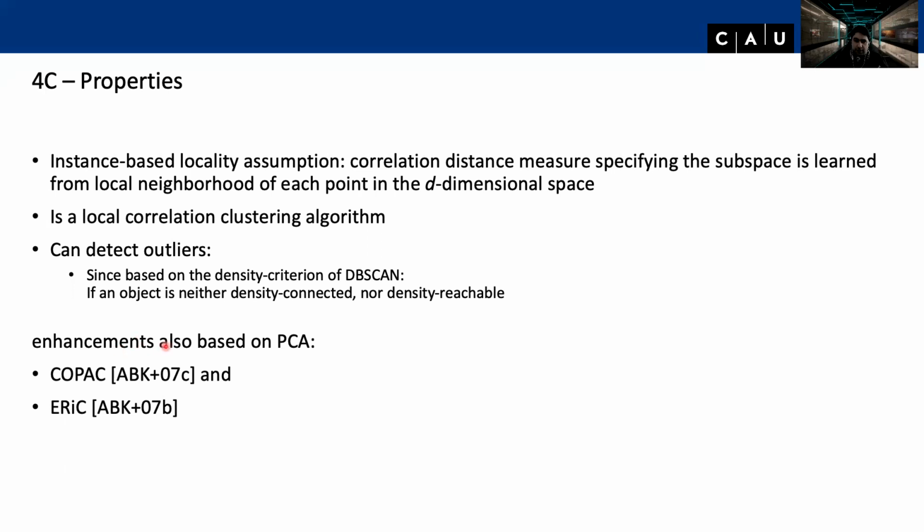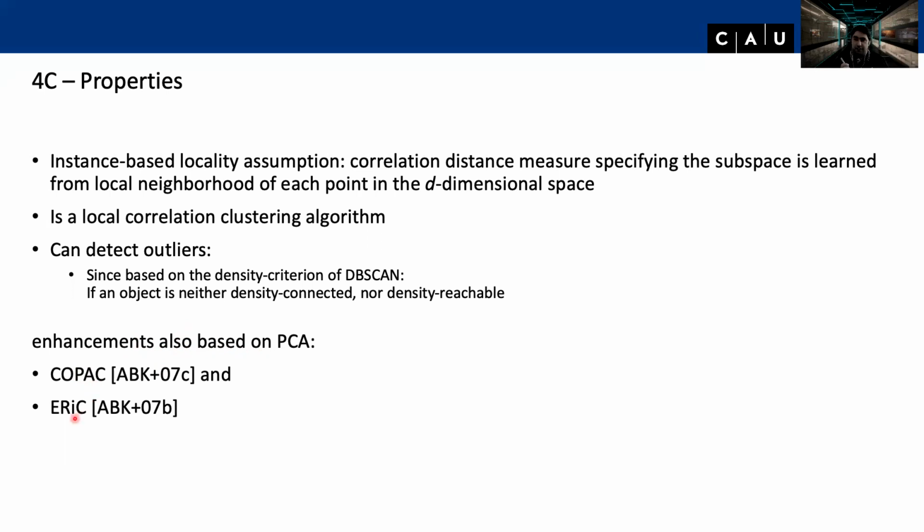There are enhancements of this version of 4C, which are also based on PCA, like 4C. The one is COPAC, which, as far as I recall, relies not on the epsilon range for the neighborhood, but the KNN range, the K nearest neighbor distance of the neighborhood. And also ERIC, which is like a hierarchical variant.